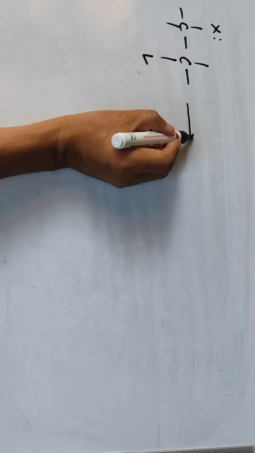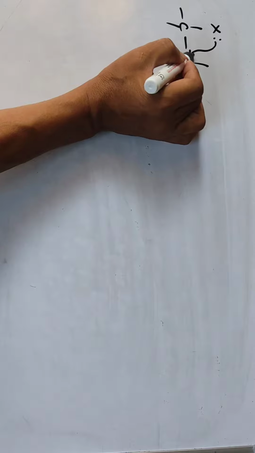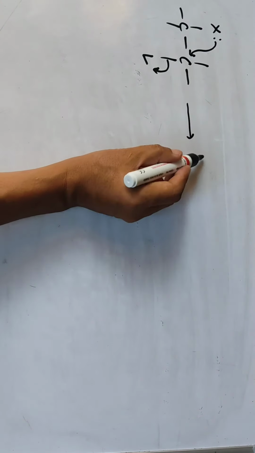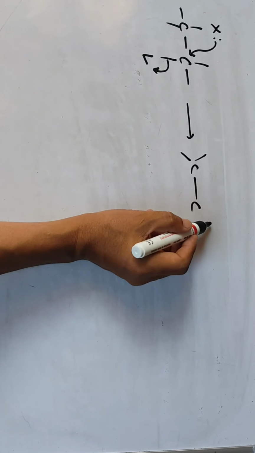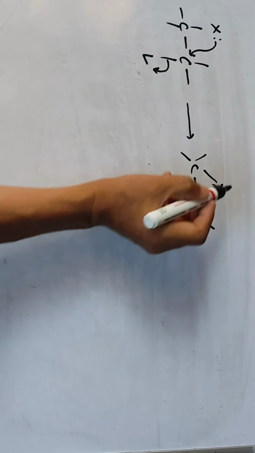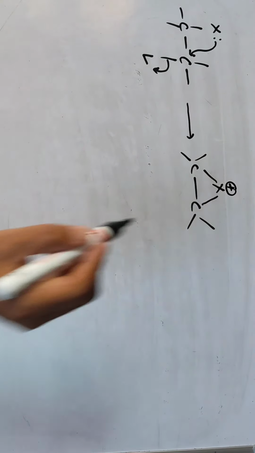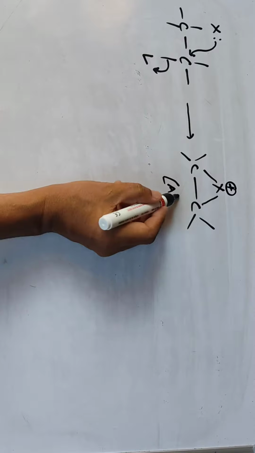X can attack this carbon and the leaving group leaves, so we get an intermediate. X becomes positively charged here. Let's call this intermediate A.